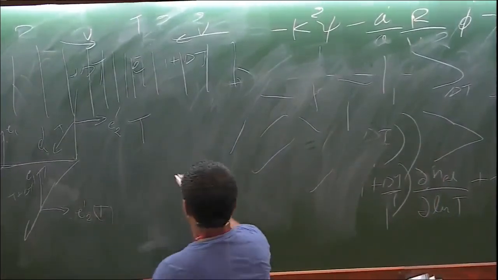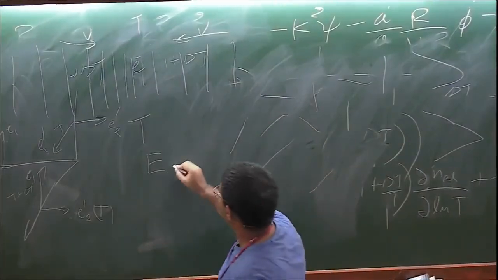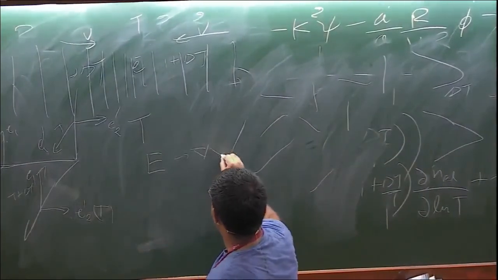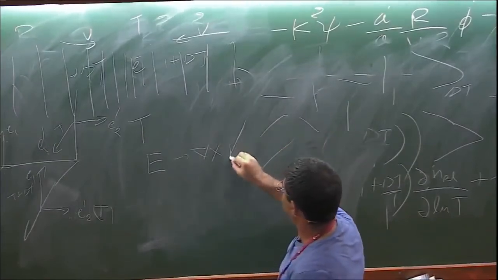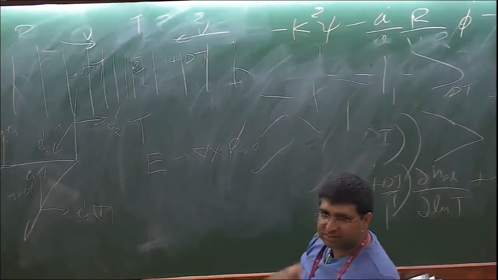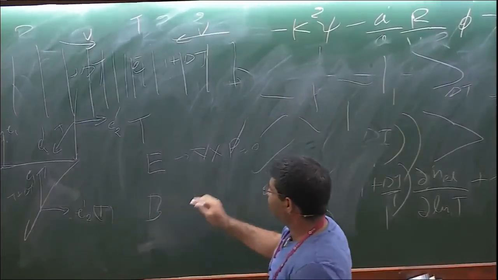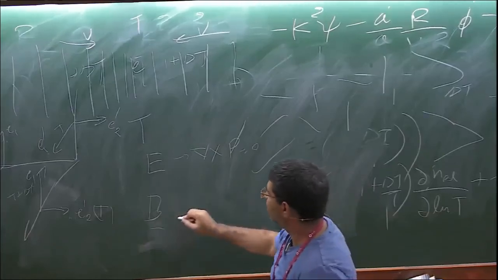The curl-free part, where del cross this polarization field, let us call it P, is 0, is called the E mode. And the divergence-free part, which has only the curl component, is called the B mode.